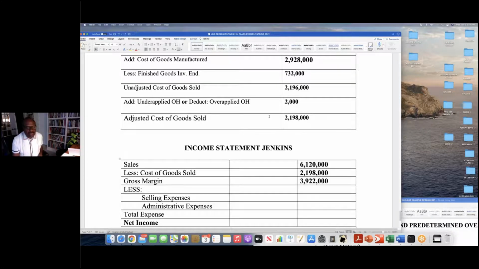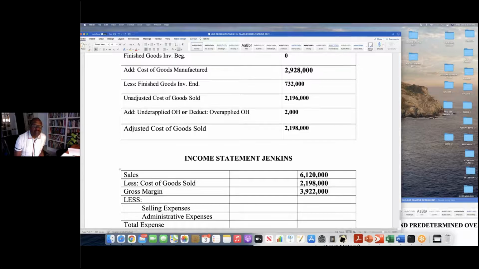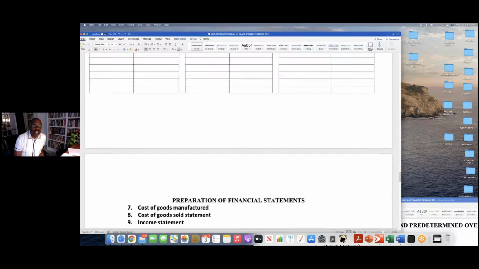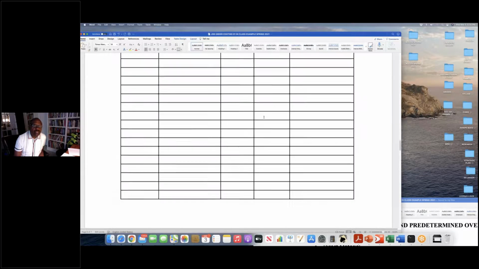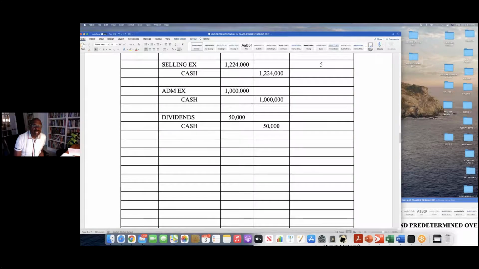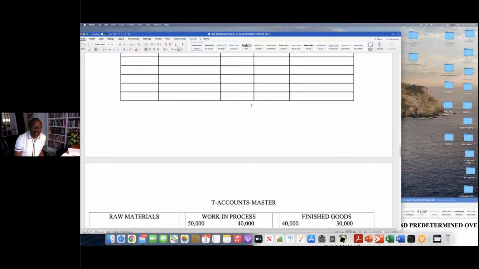Then we need to pick up some selling expenses and administrative expenses. And they were what? 1,001,224.